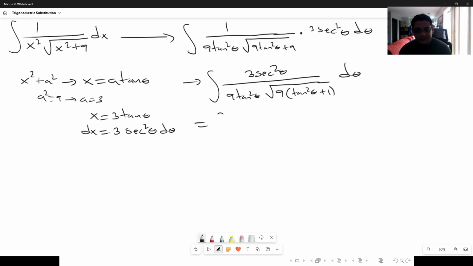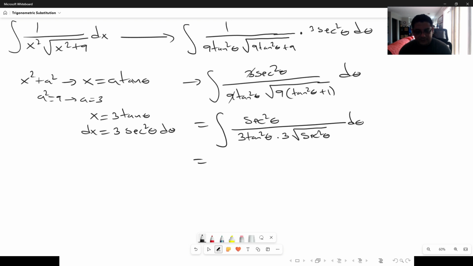So for the next step, I can cancel one of these 3, one of these 3, and I'm going to get secant square. And now over here, I'm going to get 3 tangent square. And the square root of 9 is going to be 3, so I get out another 3. And I'm going to get square root of secant square of theta from the tangent square plus 1.